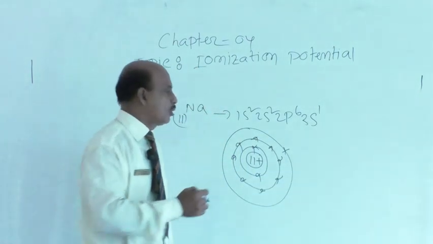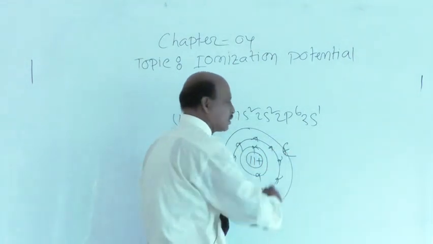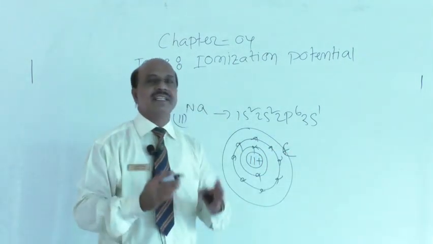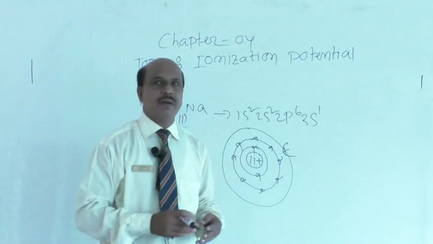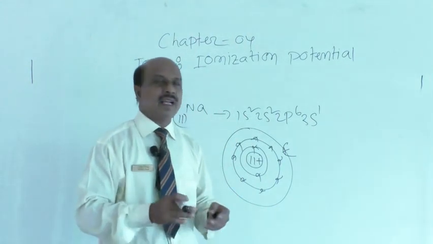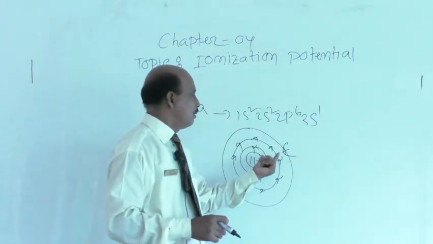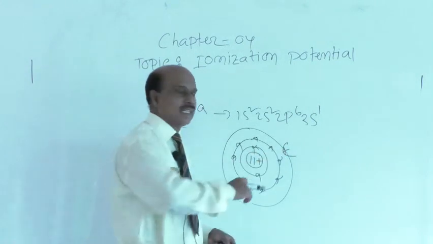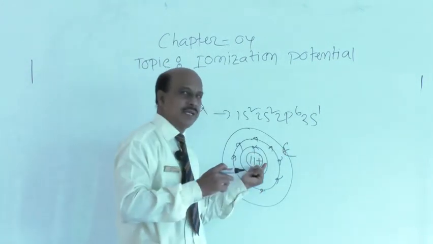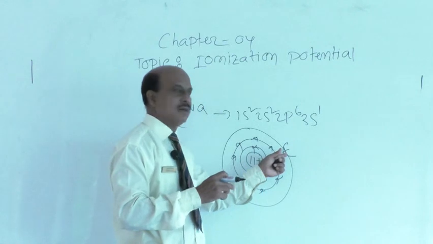So if we want to release this electron from the outermost shell, it needs to overcome the energy by which it is attached to the nucleus. That means this 11-positive-charge nucleus is attracting this 1 electron.